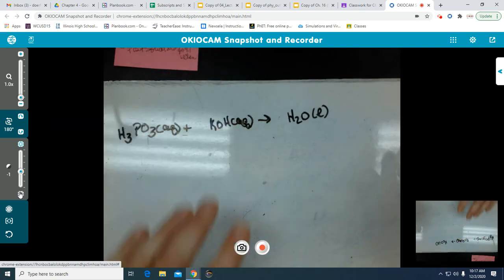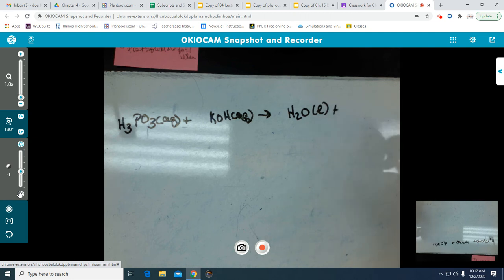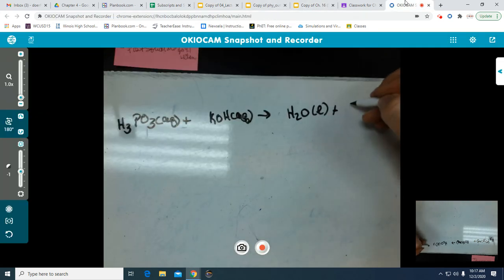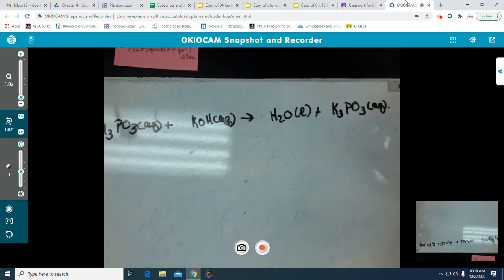And our salt here is going to be potassium phosphate, I should say, because we have phosphorus acid. It's actually going to be potassium phosphite. So it's going to be K3PO3, but it is also aqueous.